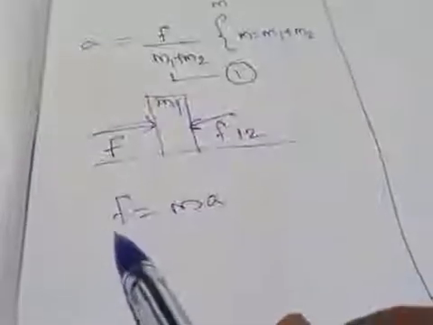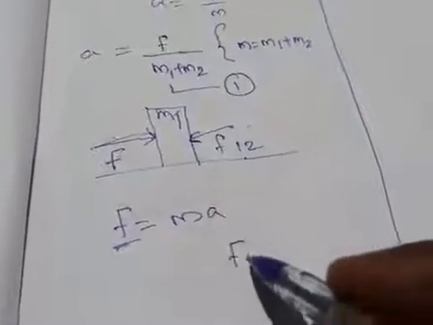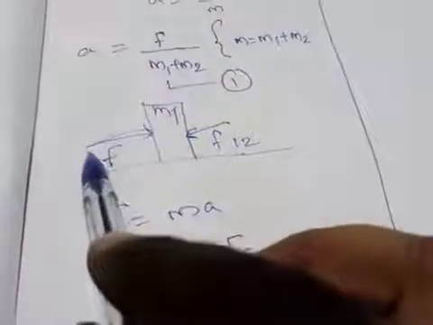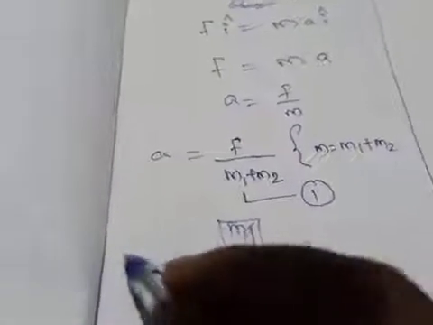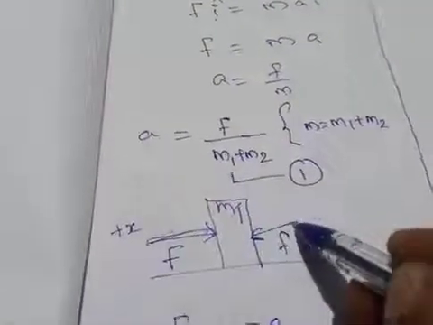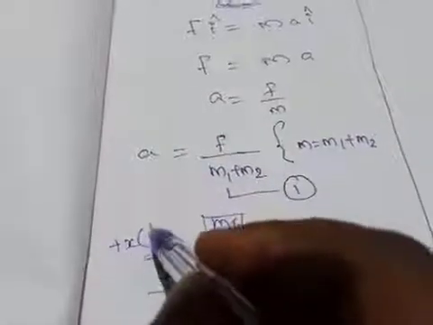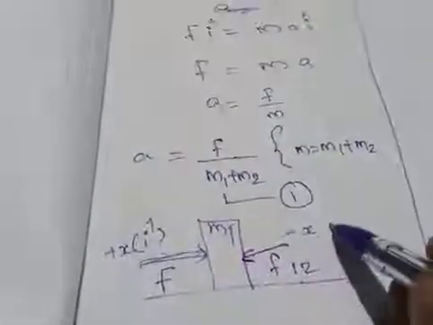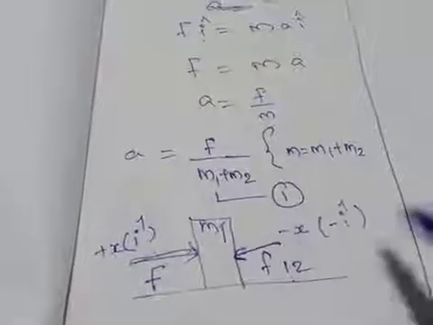Here we have to find the net force. The net force F in this direction is the positive x direction, and this is in the negative x direction. Positive x means plus i unit vector, negative x means minus i unit vector.